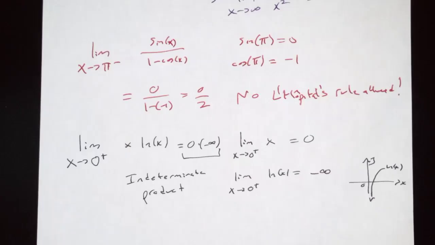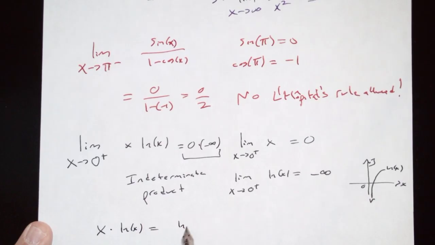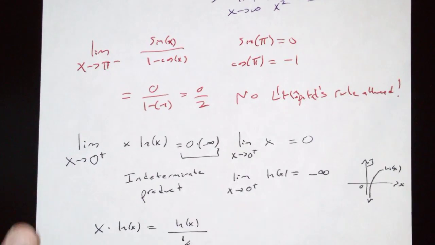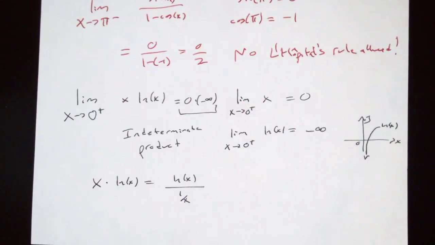X to the negative 2. I can move stuff between multiplying and dividing by changing powers. So what if I take x times ln of x and write it as ln of x over 1 over x? I put it in the bottom, and just like you suggested, Jack, I made the power negative.